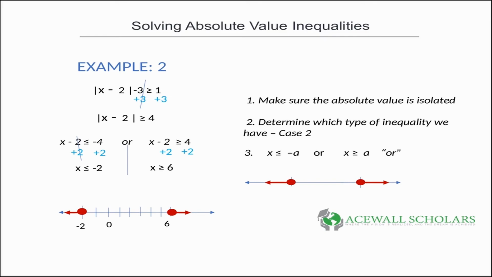Notice in our graph, we have closed circles. Closed circles mean that the inequality includes the number that the circle is on the number line. So again, our solution is x is less than or equal to negative 2 and x is greater than or equal to 6.